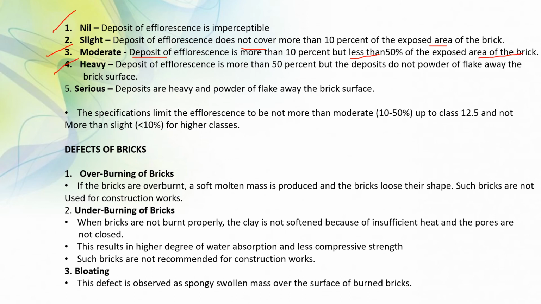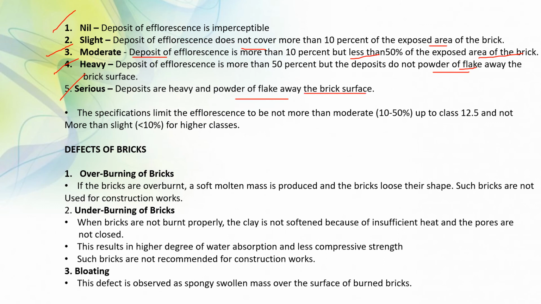Heavy: deposit of efflorescence is more than 50% but the deposit does not powder or flake away the brick surface. Serious: deposits are heavy and powder or flake away the brick surface.